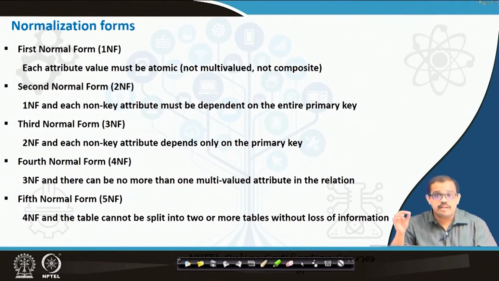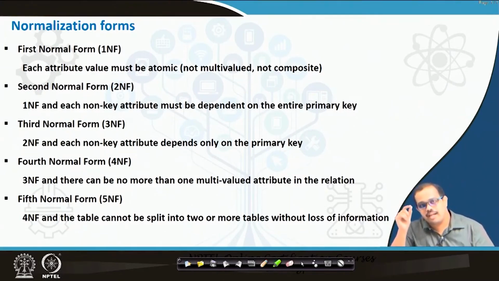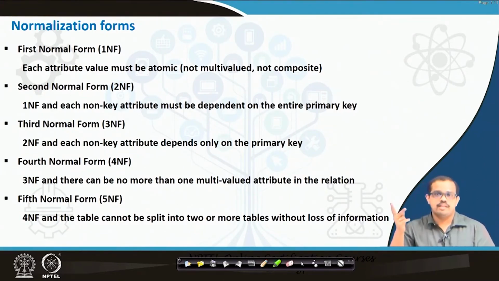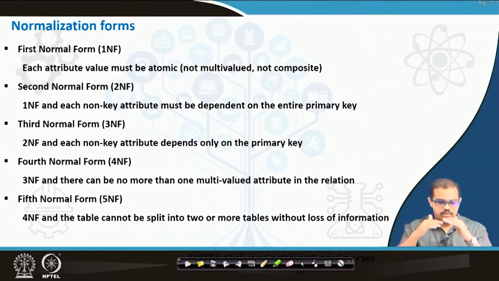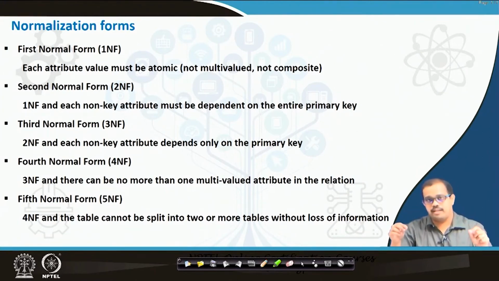Atomic means it should not have multiple values, so every attribute cannot have 2 values at an instant, and it is not composite data. Once you have attained the first normal form, you have arranged your house in a particular order, so that some things are quite accessible and retrievable fast. But if you want to improve that, the next step is the second normal form.